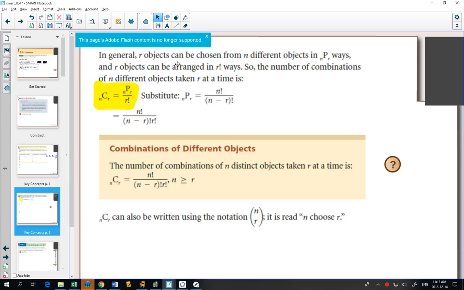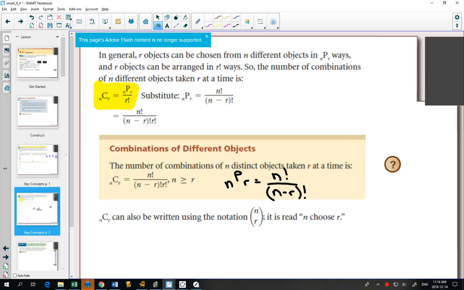N choose R is n factorial over n minus r factorial, divided by an extra r factorial. You might want to remind yourself here and put the NPR formula as n factorial over n minus r factorial.